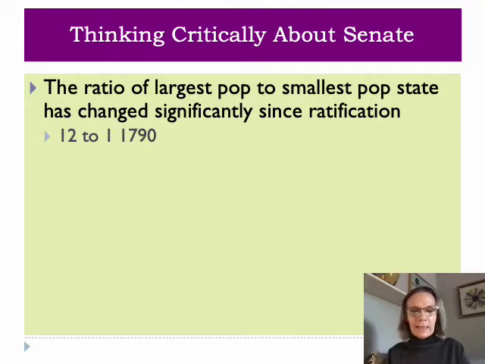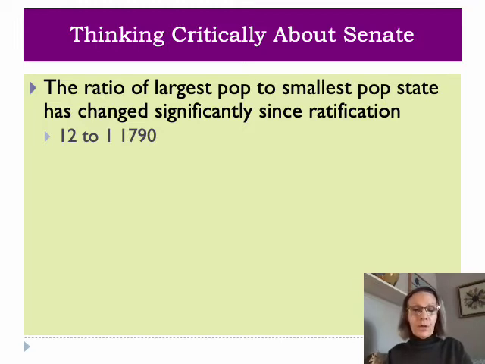So the first census in the United States took place in 1790, and it's taken place every 10 years since then. So after the Constitution was ratified, we needed to know how many people lived in the United States, in particular because the representation in the House of Representatives was going to be based on population, so we needed to know what the population of the states were. And so in 1790, the most populous state was Virginia, and the least populous state was Delaware.